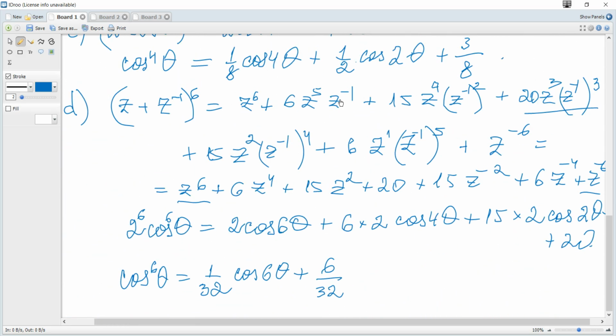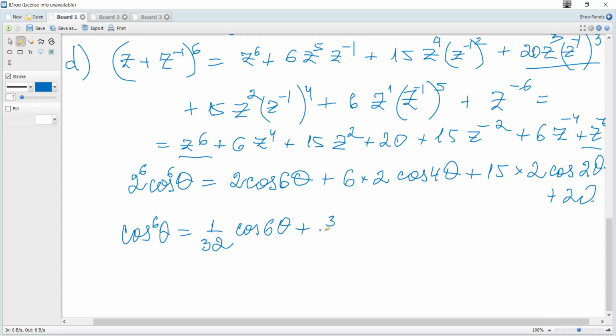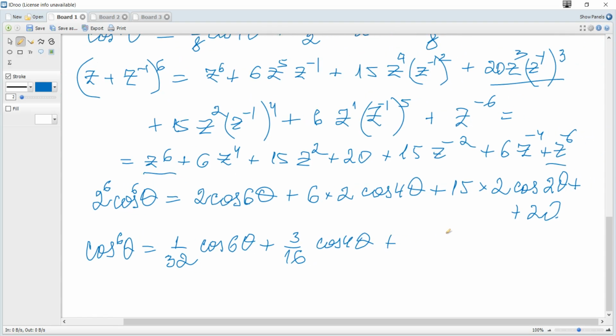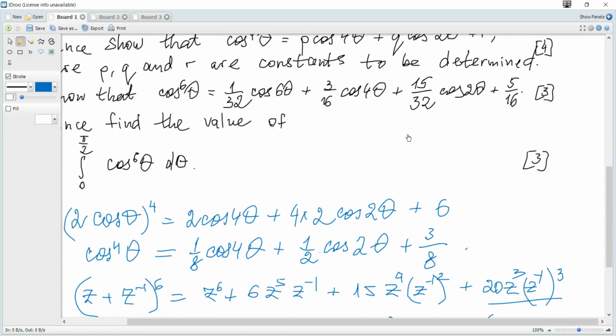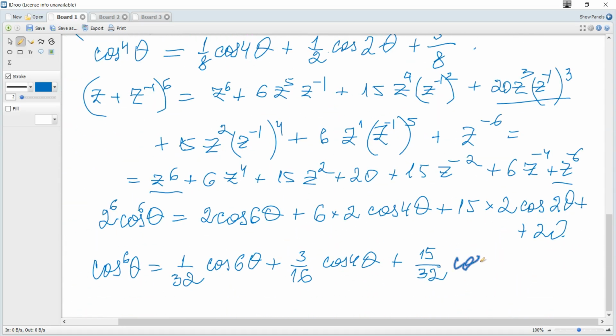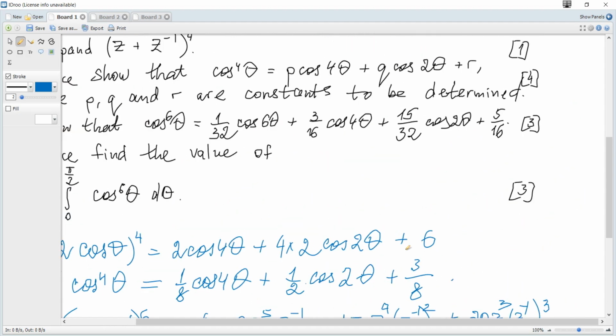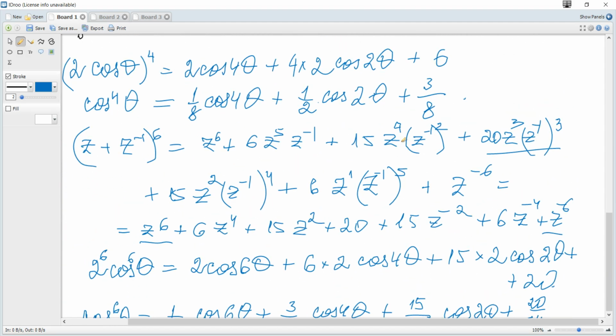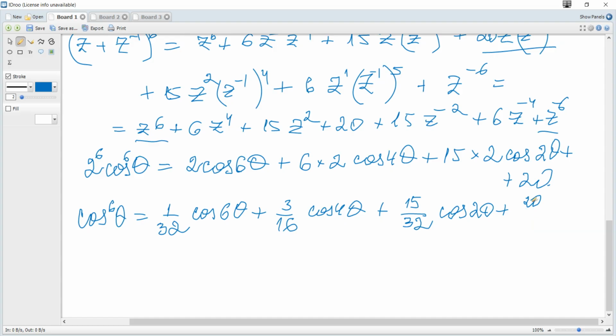Yes, 3 over 16 cosine of 4 theta plus 15 over 32 cosine of 2 theta and plus 20 over 64, which is 5 over 16.